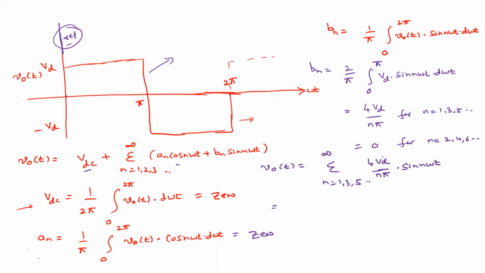So if you expand this one, what is the first term? 4 Vd by pi sine omega t. What is the second term? 4 Vd by 3 pi sine 3 omega t, plus 4 Vd by 5 pi sine 5 omega t, and so on.